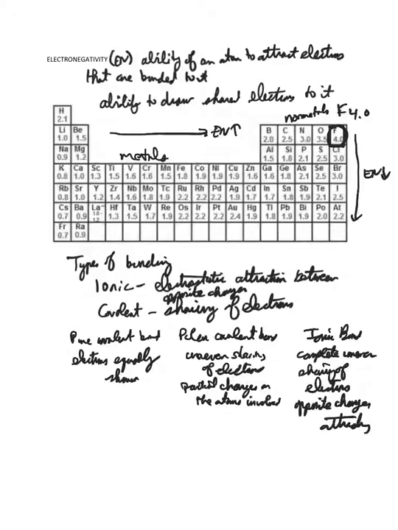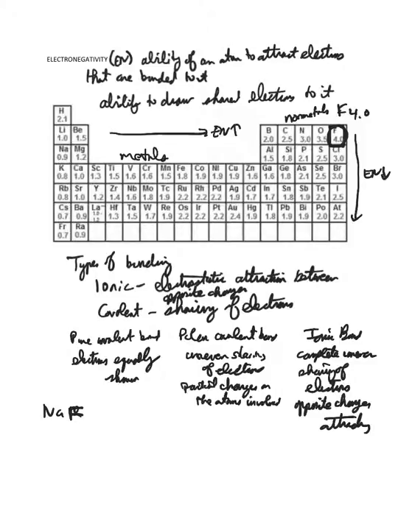And so we can use electronegativity to measure, to describe, to quantify the amount of ionic character that's in a bond. And so let's look at something like sodium fluoride, NaF.